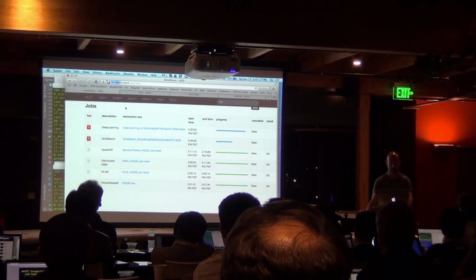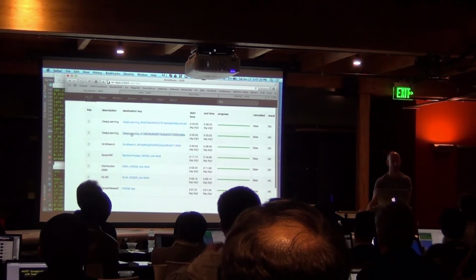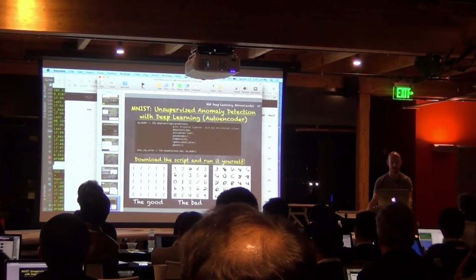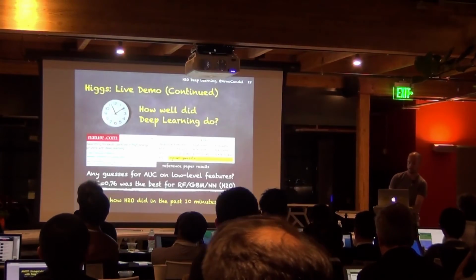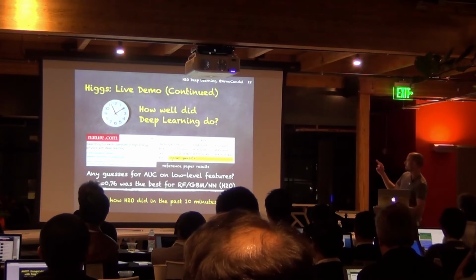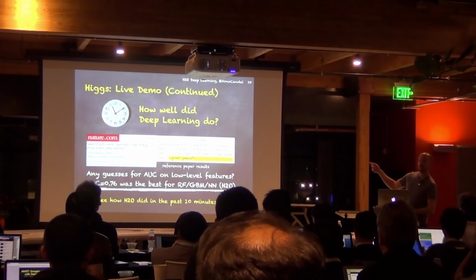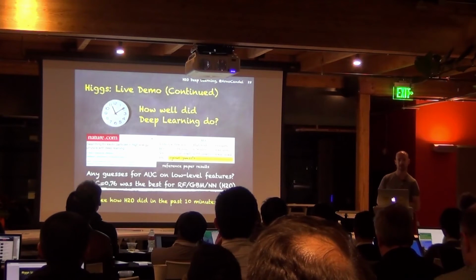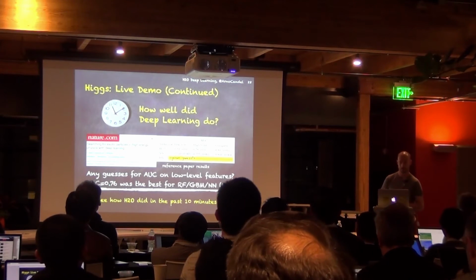Now let's see what the other guys are doing. Oh, it's done. This was a 10-node cluster, so it should be done. Whenever we get back to it, it'll be ready. Oh, perfect timing. So we want to know how well did deep learning do now for this Higgs problem, right? On the validation set, not on the training data.